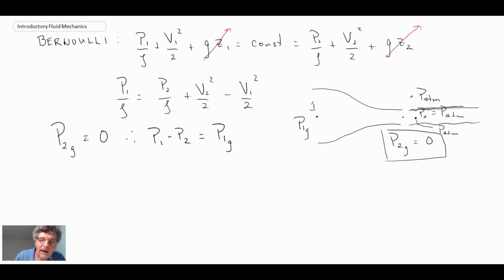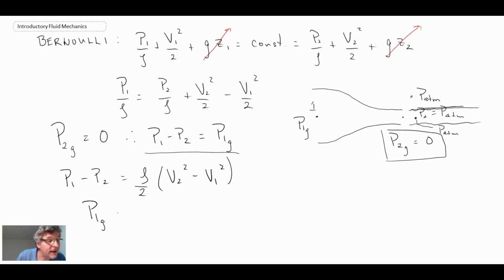So with that, we can take this and plug it into our Bernoulli equation, and I will isolate P1 minus P2 on the left. And we know that that is then P1 gauge, and that will be rho over 2 times the velocity difference. Okay, so we're getting somewhere.